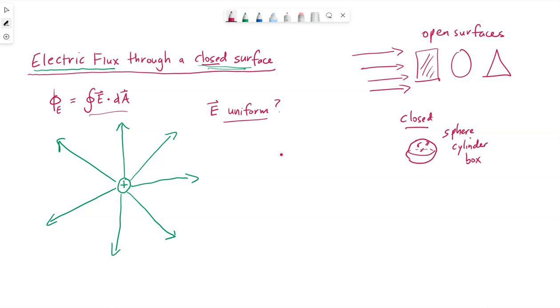Meaning, is there some type of surface I can draw that the electric field, as it passes through that surface, will be the same value everywhere?